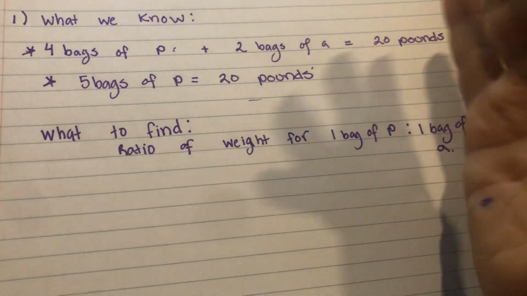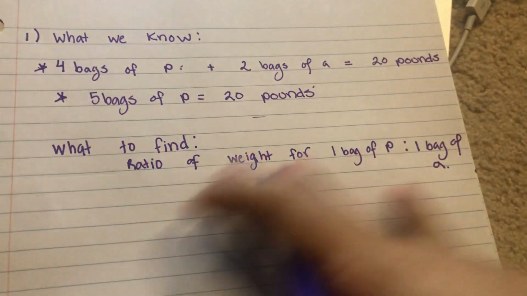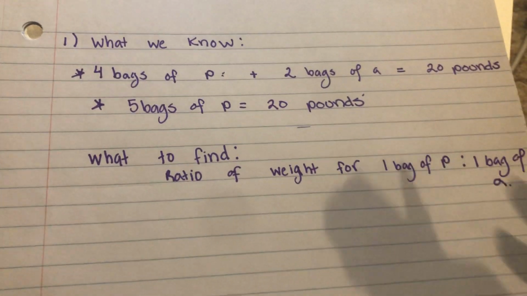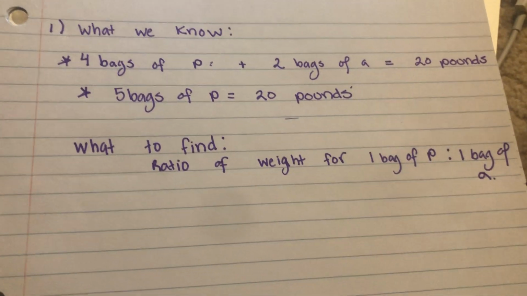All right, so this right here is just note taking. This is just annotating the word problem because this word problem has a lot. So we literally just spent 3 minutes trying to understand what we're trying to find.